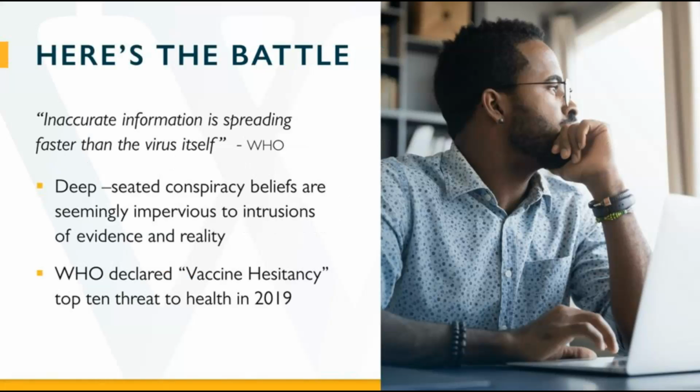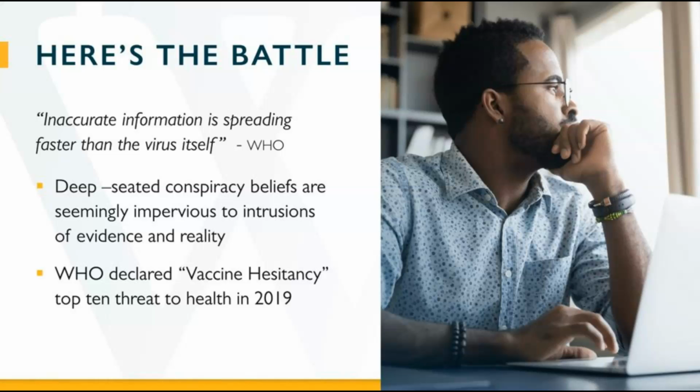So here's the battle. Inaccurate information is spreading faster than the virus itself. And when I hear the World Health Organization state these claims, it really gets my attention, especially this concept that deep-seated conspiracy beliefs are seemingly impervious to intrusions of evidence and reality. Well, most of us are learned educators, and evidence and reality is what we strive for and use in our own decision-making and in educating our students.